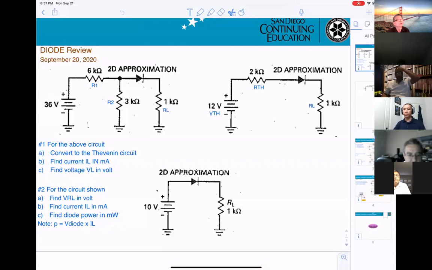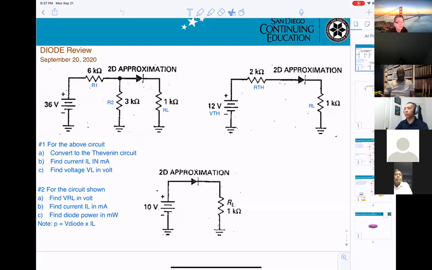Now, for this circuit here, basically they want to calculate the current going through the 1K ohm, and also calculate the voltage across this thing.